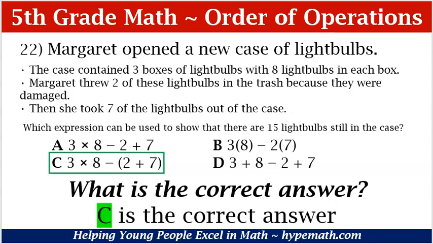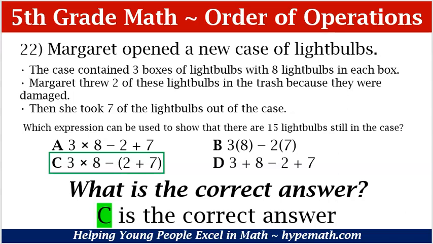It didn't say that. That is why that is incorrect. Okay. C, we start off 3 times 8, perfect, because we know that's the total amount of light bulbs in the case, and then we need to subtract the ones that are no longer in the case. We know that there were 2 that were damaged and she threw them in the trash, plus there were 7 that she took out.